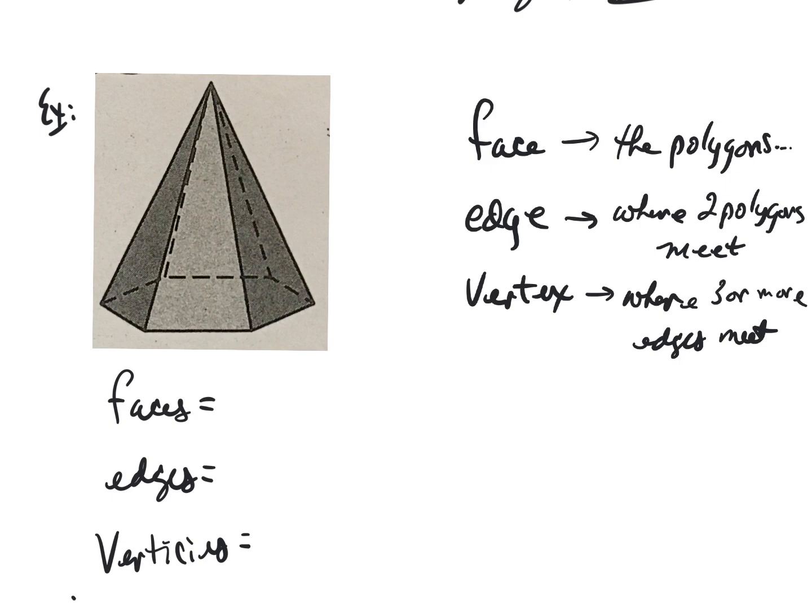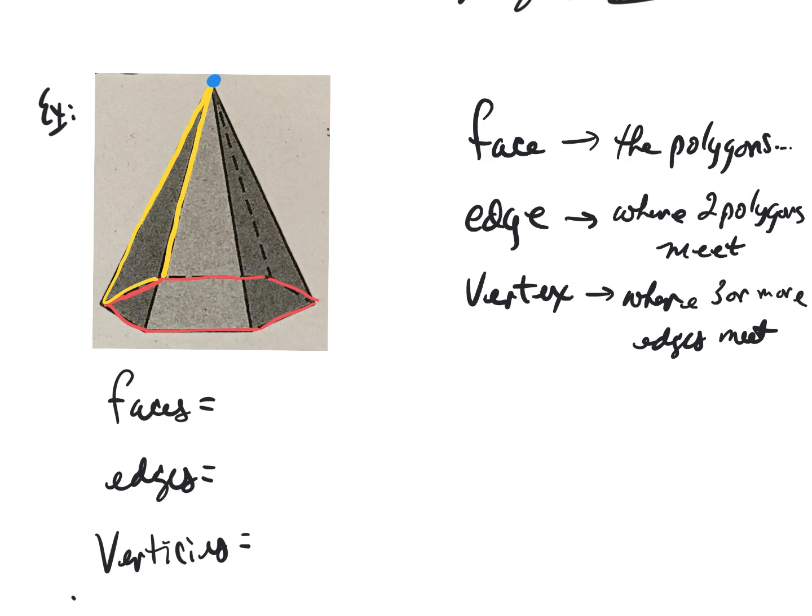The very bottom, the base of this pyramid, let me choose a color here that stands out, would have 1, 2, 3, 4, 5, 6 sides. So that base is one of the faces. It's a hexagon. But then every side from that hexagon that goes up to the point, the apex of the pyramid, is a triangle, and because the base has 6 sides, there'd be 6 triangles going up to the apex of that pyramid.